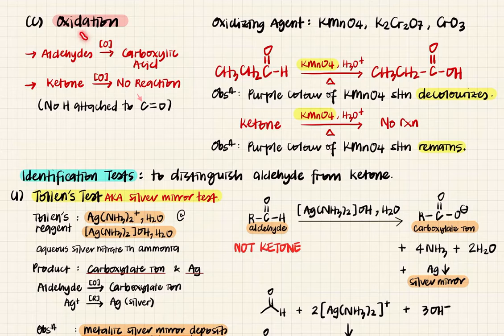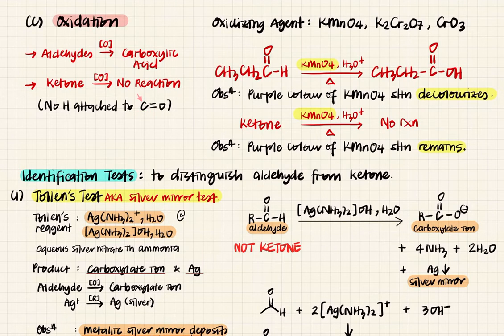If you have aldehydes undergoing oxidation, you will get carboxylic acid. Ketone, you will have no reaction. Why is that so? Because in ketone you do not have any H attached to the carbon of that carbonyl group.